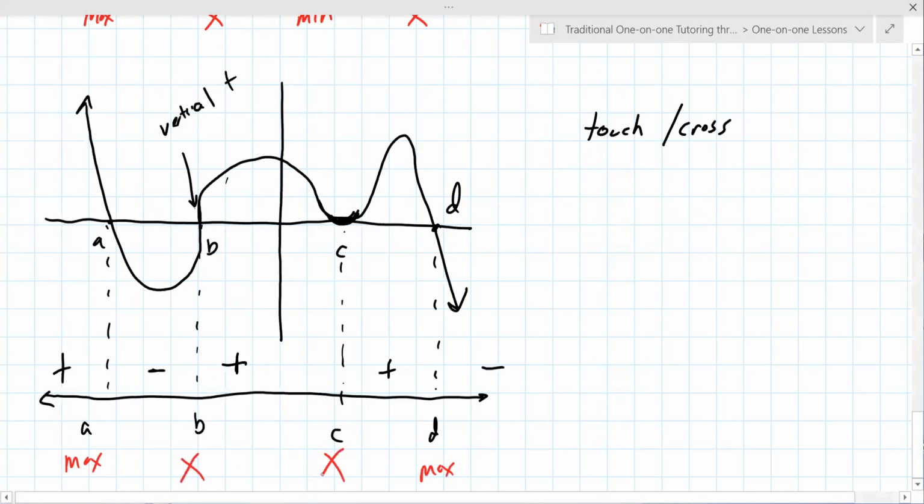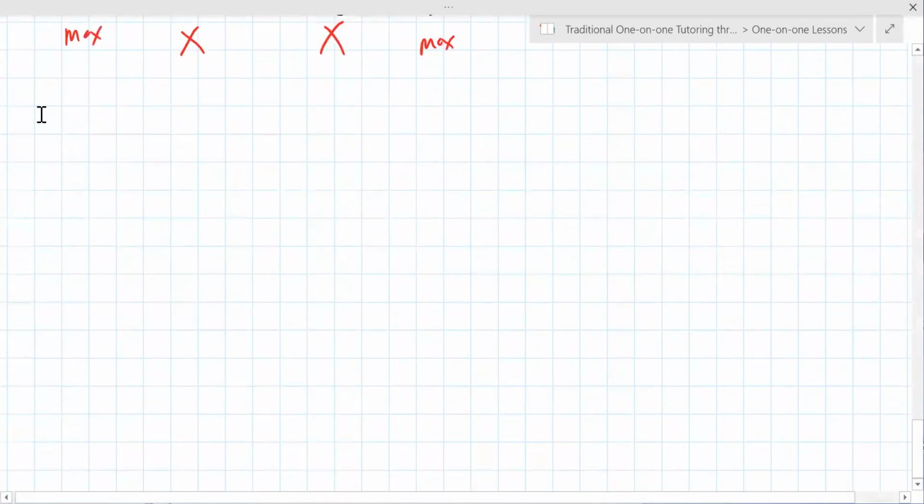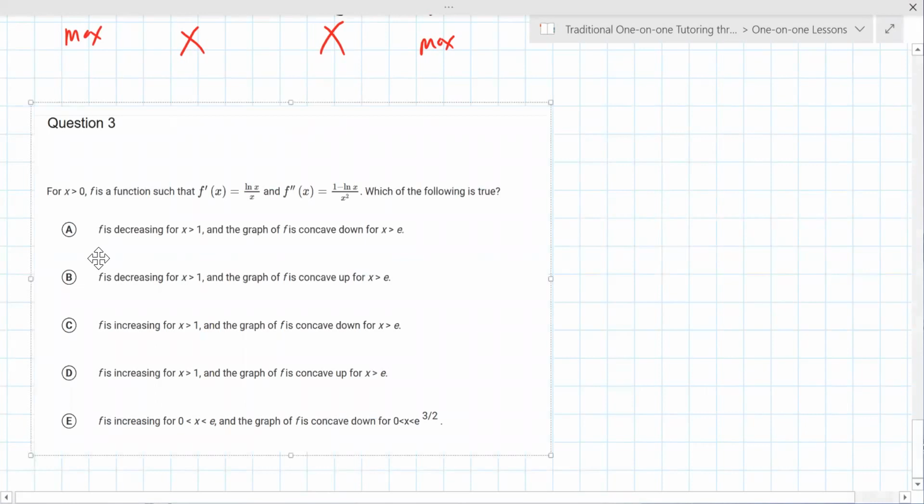All right, let's go to the next one. f is a function such that the derivative is natural log of x over x, and the second derivative is 1 minus natural log of x over x squared.